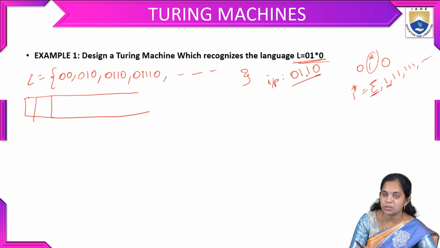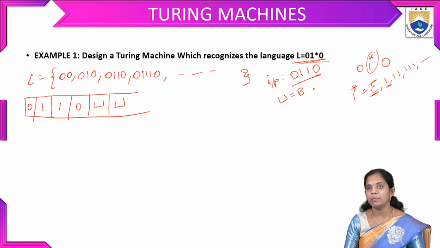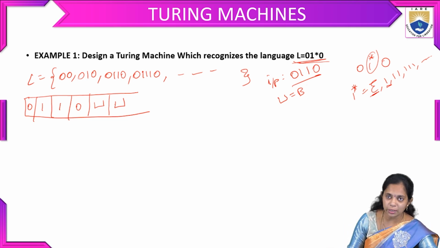So this is the input string, with the tape symbols 0, 1, 1, 1 and 0. The rest is blank. Here we take this tape and design the Turing machine.